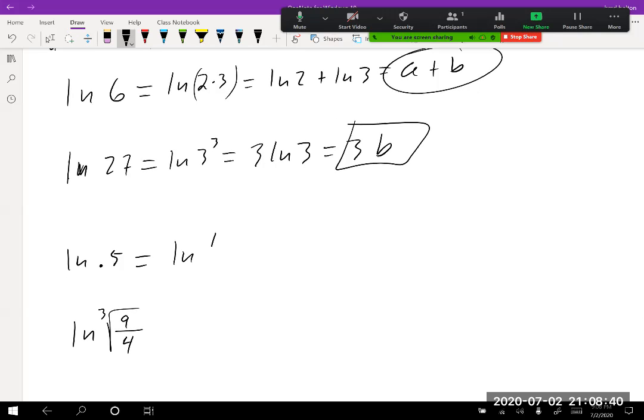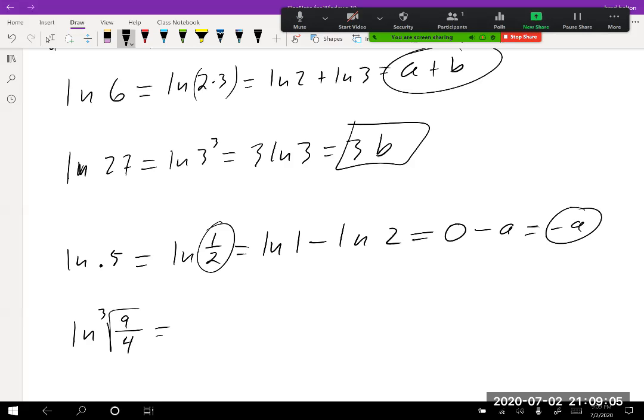Well, 0.5 is really 1 over 2. And the natural log of 1 divided by 2 is the natural log of 1 minus the natural log of 2, right? Because it's division, we're allowed to separate these two logarithms by subtraction. And then the natural log of 1 is 0 minus A, so we get negative A.